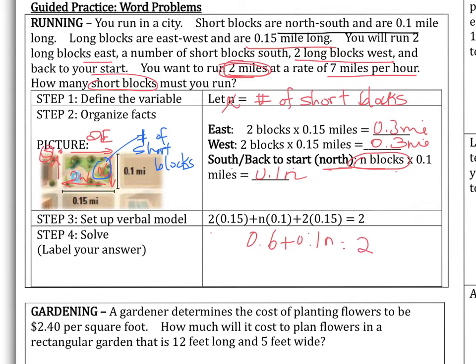Okay, and then after you solve for n, you should get 14 blocks.